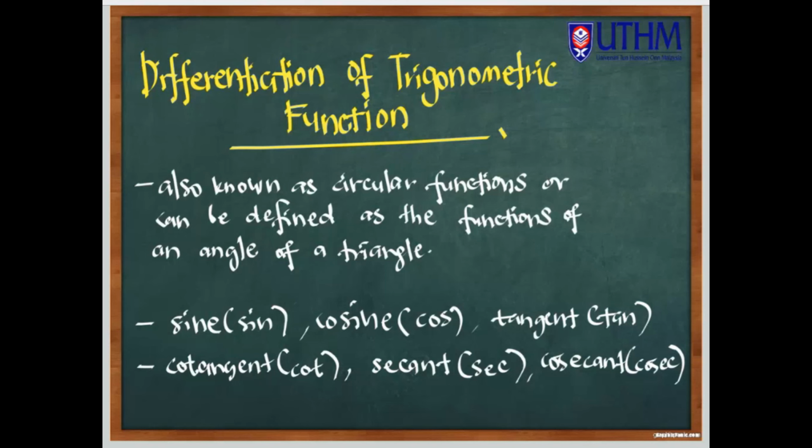We also have other functions, which are cotangent, secant, and cosecant, which can be derived from the primary functions. So let's see the first example.